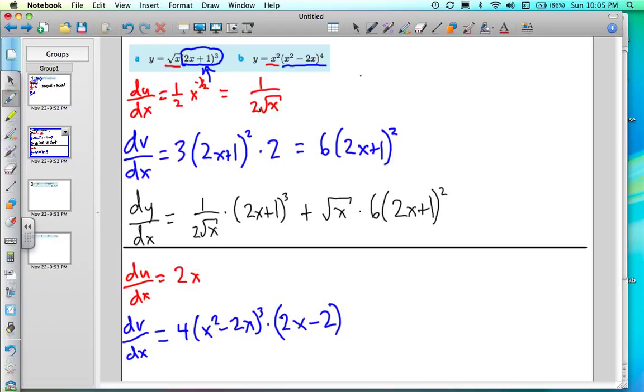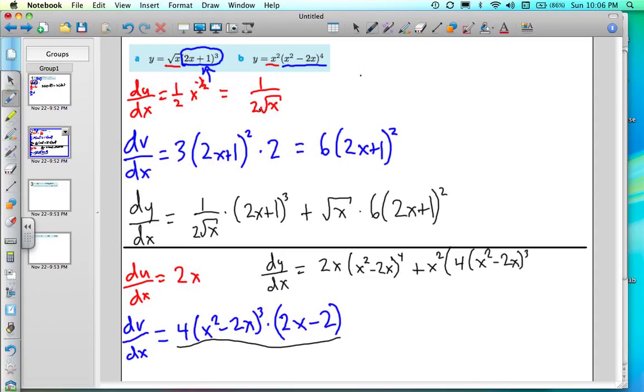Now all we have to do is slap this back into the product rule. You have dy dx equals the derivative of the first function, 2x, times the regular second function, which was x squared minus 2x to the fourth, plus the regular first function, x squared, times the derivative of the second one, which we found down here to be 4 times x squared minus 2x raised to the third, times 2x minus 2.